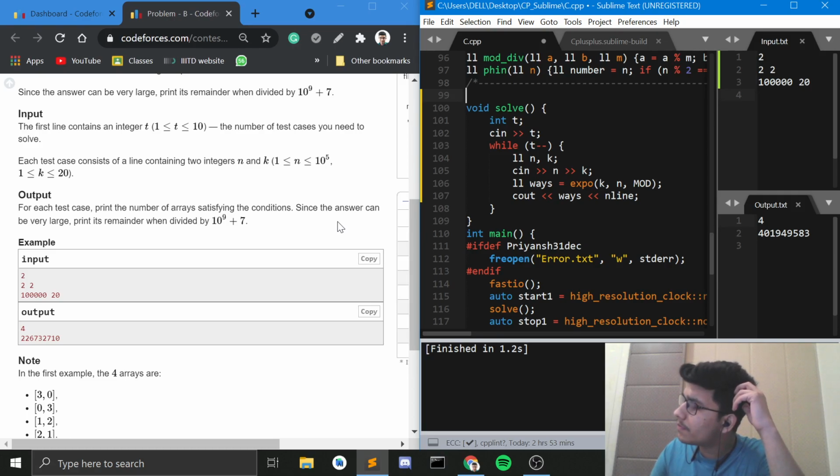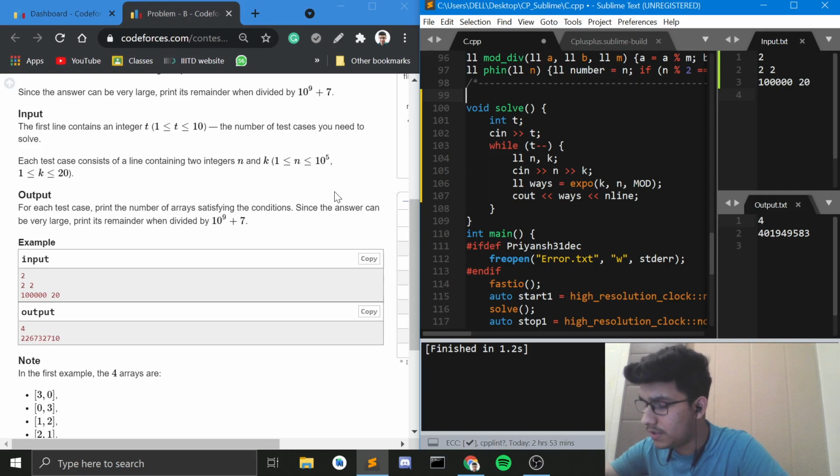So it's like there are k bits and each bit has n minus 1 positions to decide where to come.